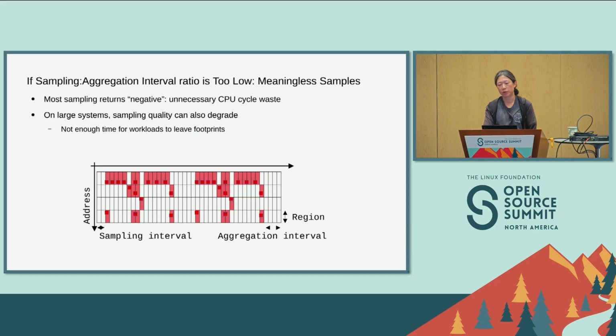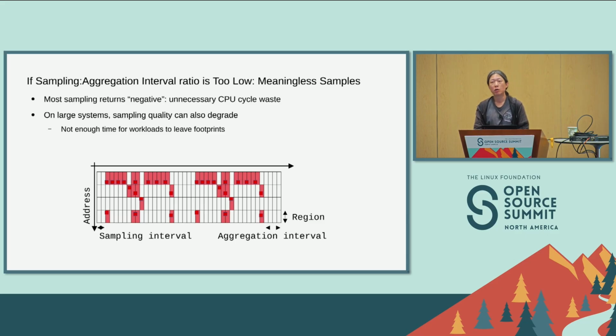This is the big problem. Maybe someone could ask, then maybe we can just increase the aggregation interval, right? And keep the sampling interval short. This can theoretically work, but in this case, most of the samples would just return negative results, and therefore it is just unnecessary CPU cycle waste.